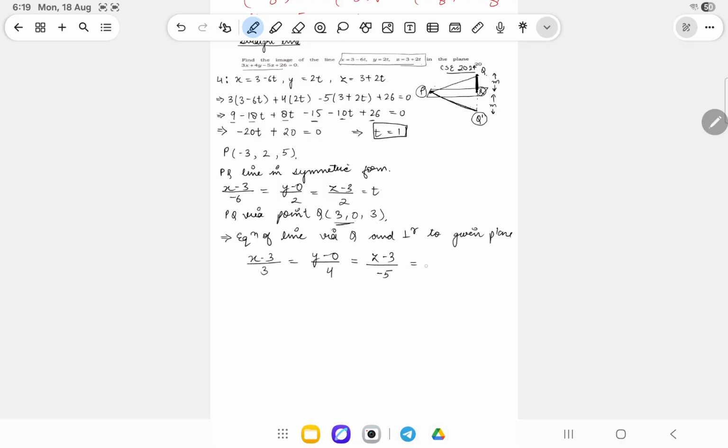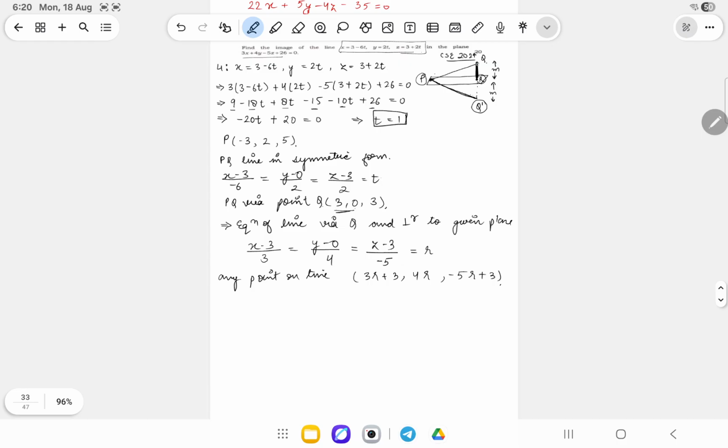Let me equate it with r. Any arbitrary point on this line will be (3r plus 3, 4r, minus 5r plus 3).